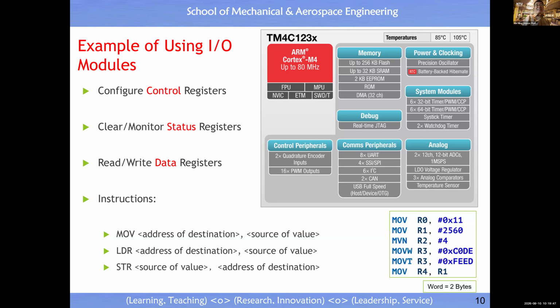Then at the bottom, you see the instructions for you to operate these registers are the same. It's very simple. You just use one of these 3 instructions: move, or load, or store. MOV means move from one location to another location. Then you see data flow. Load, right? Load something from the lorry into your house.